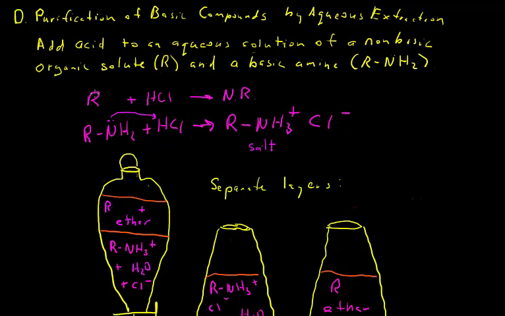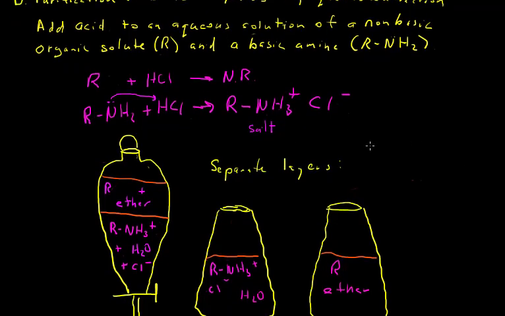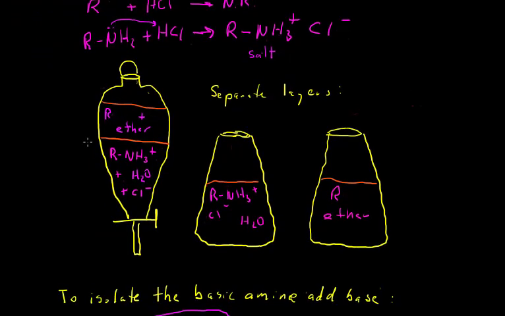And so we're going to take the solution, as we did previously, and put that into our separatory funnel and add our organic solvent. So this was the original aqueous solution here, so water is the solvent. It had the amine and the neutral compound. Now we added acid, hydrochloric acid, then we added the ether, capped it, shook it real well, and allowed the two phases to separate. And now we've separated the two compounds.